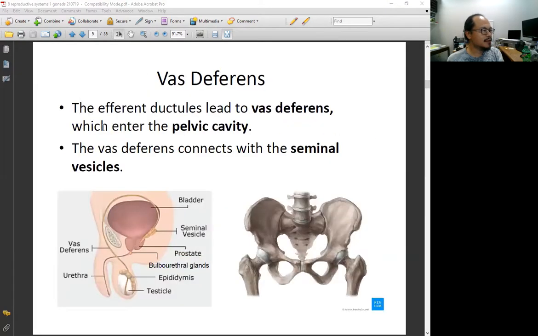So after entering into the Vas Deferens, it will enter into the pelvic cavity. In our earlier lecture, we talked about body cavities. The body has different cavities, and this is the pelvic cavity.